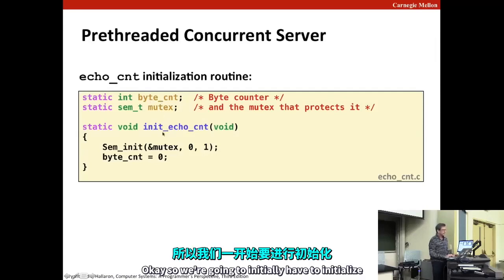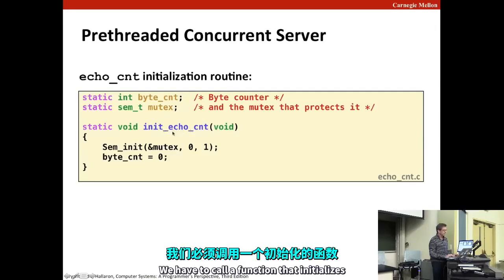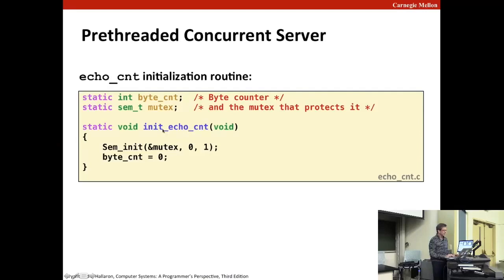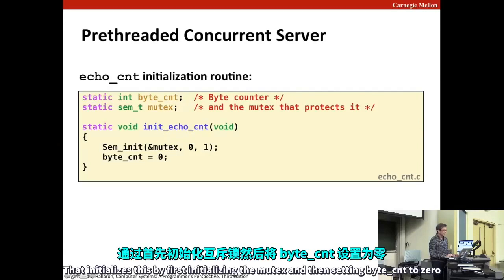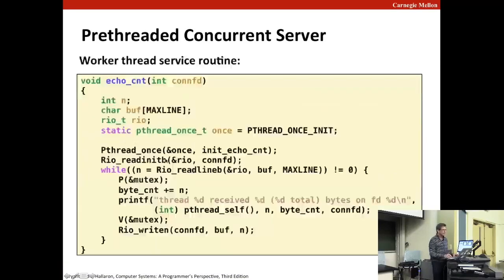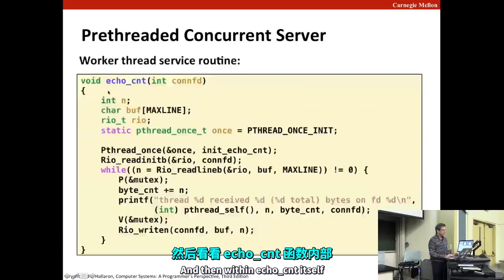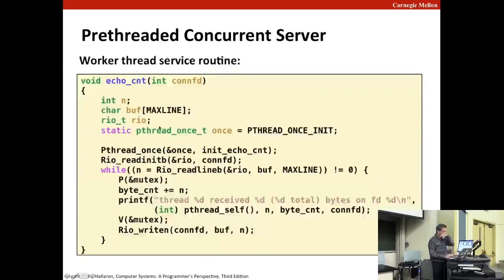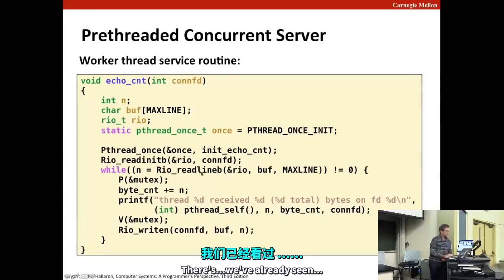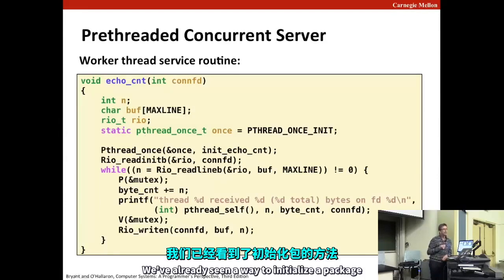So we're going to have to call a function that initializes this by first initializing the mutex and then setting byte count to 0. And then within echo count itself, we've already seen a way to initialize a package.